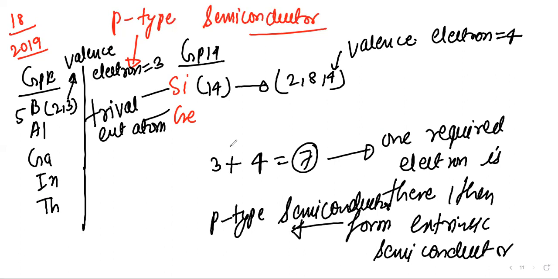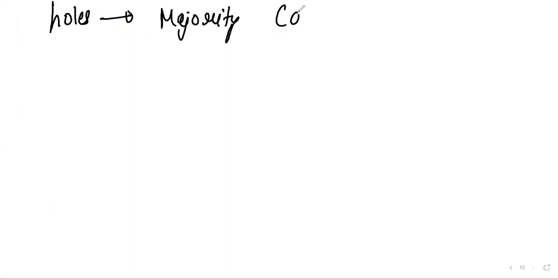So in trivalent impurities, that creates deficiency of the valence electron called holes, and here holes will be the majority charge carrier. So this is your charge carrier.